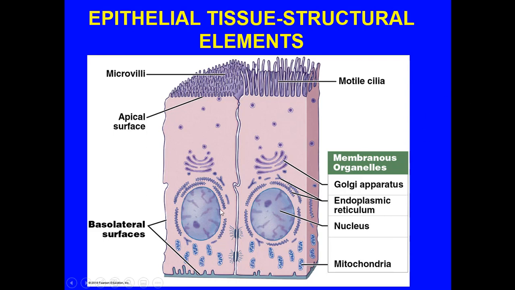Now you'll notice that you have a nucleus, endoplasmic reticulum. You'll have a number of mitochondria, which of course are producing ATP. You'll have a Golgi apparatus here, which packages the products, and then they are sent up to here, the apical surface, for release.